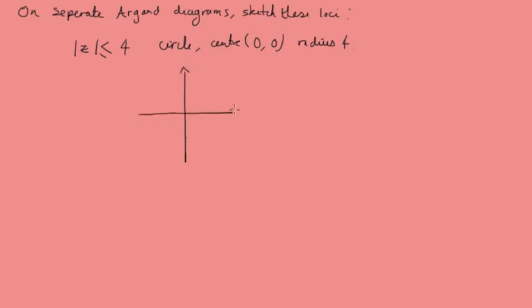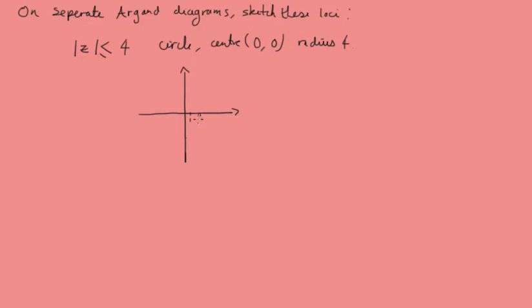And let's do another one. This time, no surprises, we're doing the modulus less than or equal to 4. So again, it's a circle, centred at 0, 0, and the radius this time is going to be 4. So we'll do our Argand diagram.